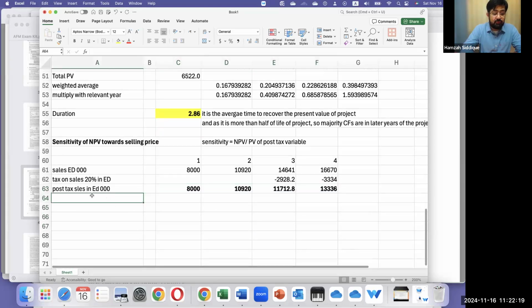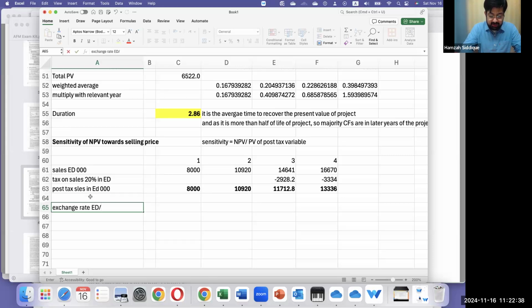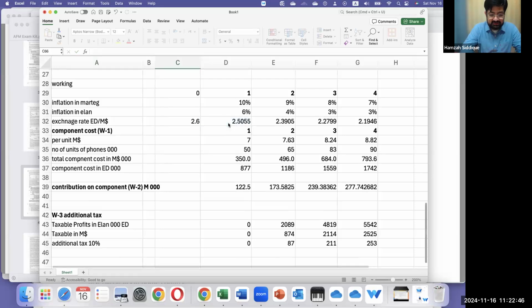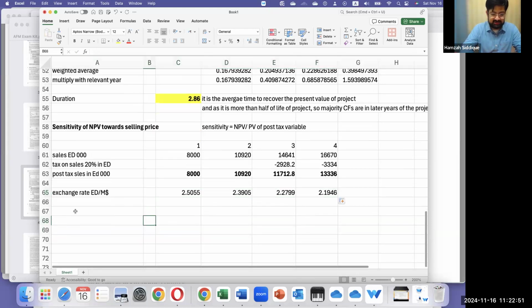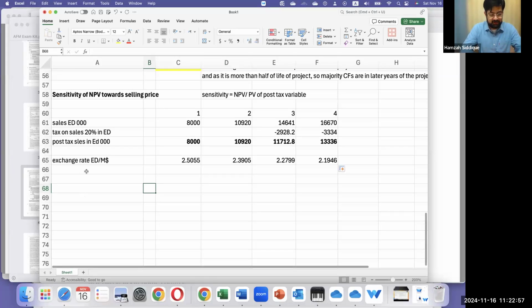Now, students, we have to convert into Multic dollar. Okay, so exchange rate, ED per Multic dollar. I have calculated the exchange rate above. You see how beneficial this exchange rate calculation is. So always note down things like that if you get such a question. Inflation and exchange rate, so it is very easy to link.